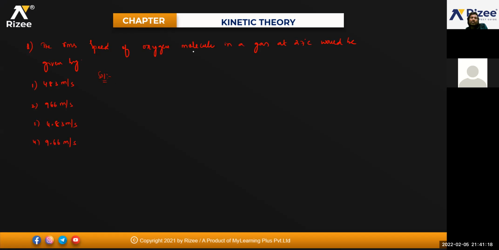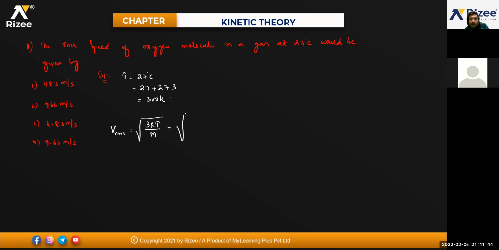The RMS speed of the oxygen molecule in a gas at 27 degrees centigrade. Temperature is 27 degrees centigrade. Convert that into Kelvin: 27 plus 273, so this will be 300 Kelvin. Vrms will be equal to under root of 3RT divided by molecular weight.